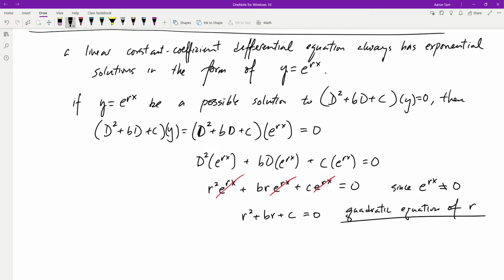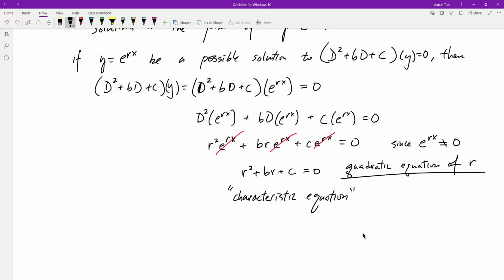This equation has a name. This equation is often referred to as the characteristic equation. And in this case, for a second order differential equation, the characteristic equation is actually in r squared. It is a quadratic, second degree.